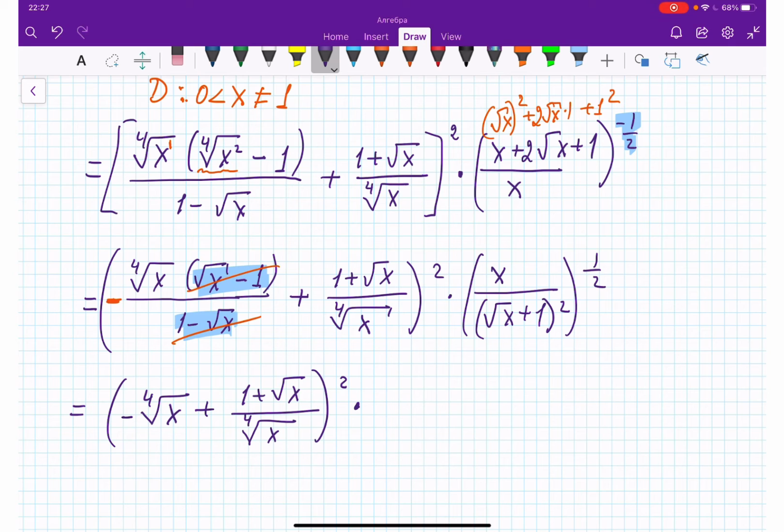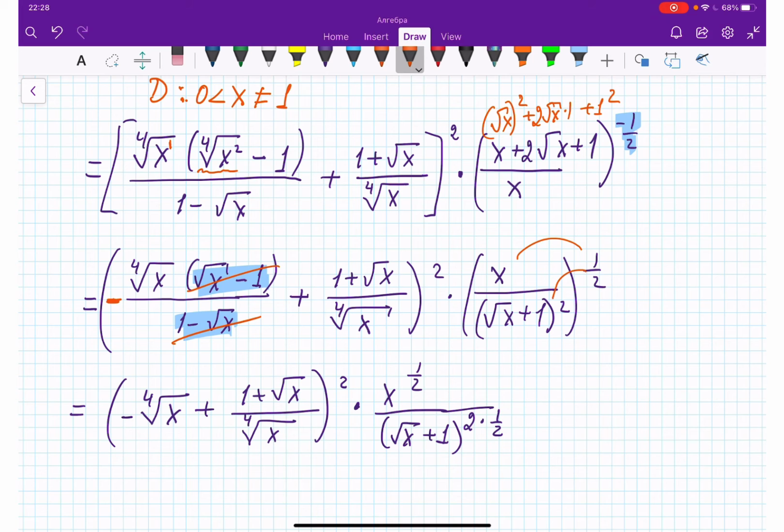So let's put here x to power, distribute this 1/2, x to power 1/2 and square root of x plus 1, 2 times 1/2. I distributed this 1/2 to here and to here. Yes?